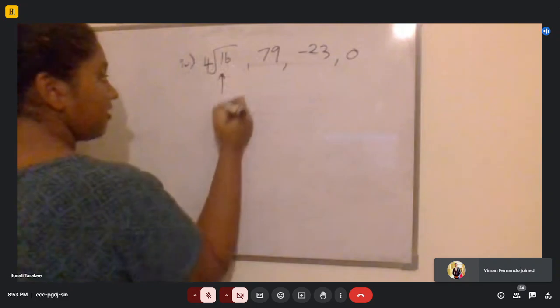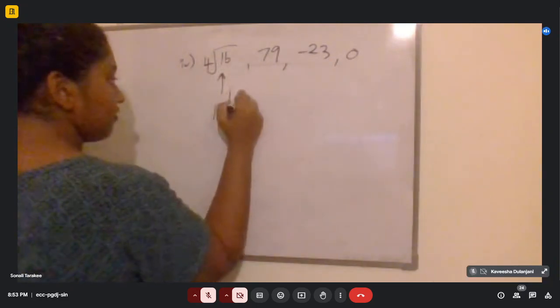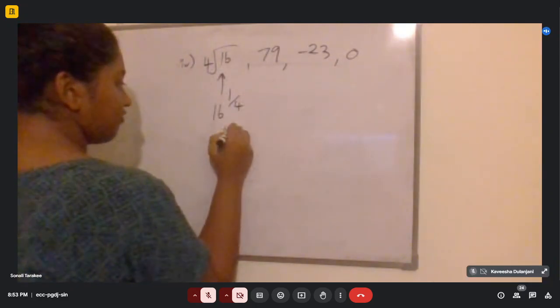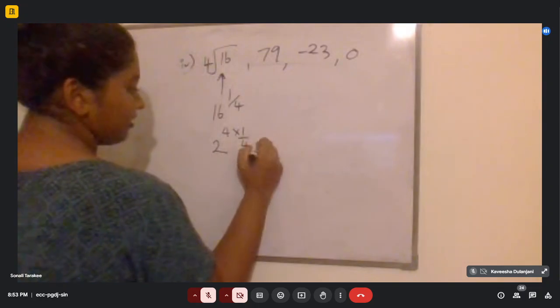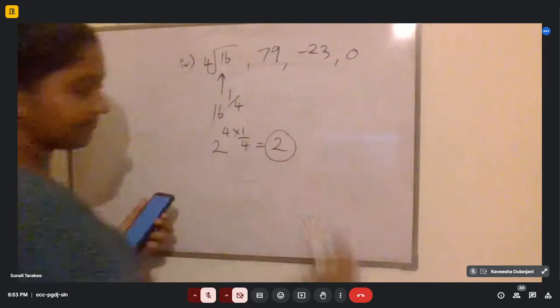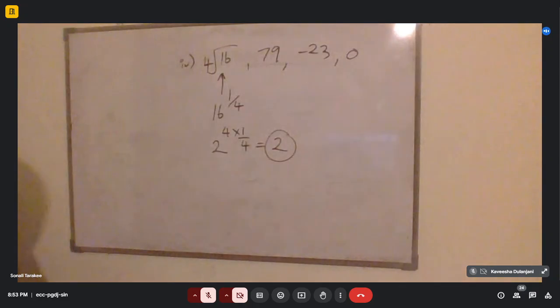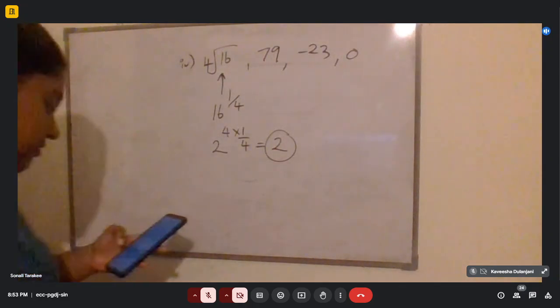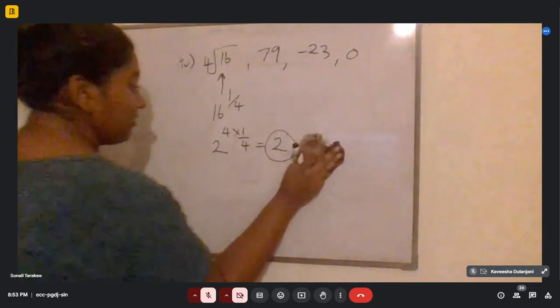How this one comes is that 16 means 2 to the power 4, times 104, you get the answer 2, which is an integer. Okay, now I'll do the next part, B part.